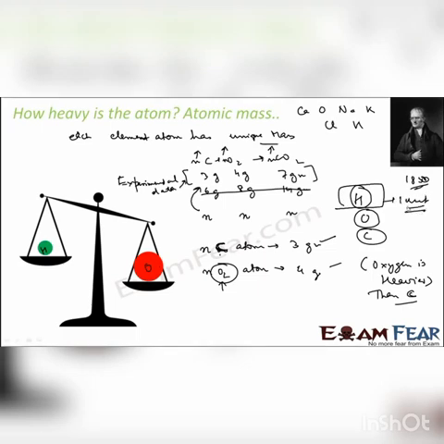Then oxygen comes out to be 16 units and carbon 12 units, and all these are experimental data. With this, the concept of atomic mass came. We'll talk about it later. Just understand from this slide that we concluded that the oxygen atom is heavier than the carbon atom using this experimental data and Dalton's theory.